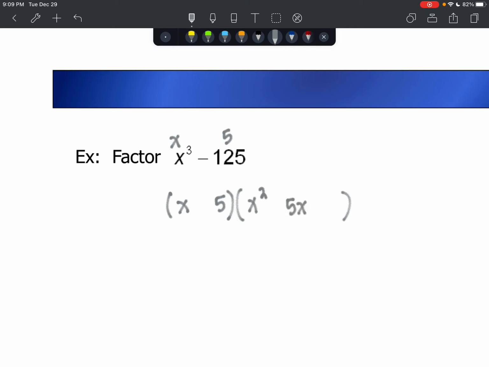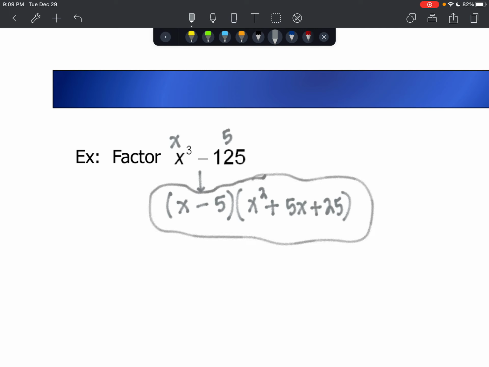And then bouncy, bouncy, 5 times 5 is 25. And then we have the same sign, opposite of that sign, and then always positive. Now this trinomial here, if there's no greatest common factor, is no longer factorable. So this right here is irreducible. That quadratic will never be further factorable as long as you don't have a greatest common factor.